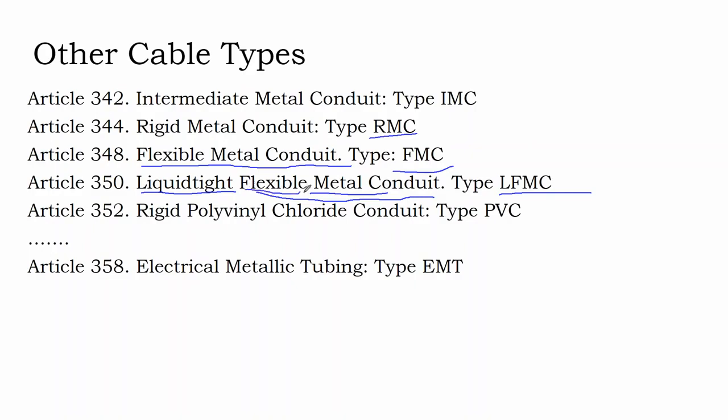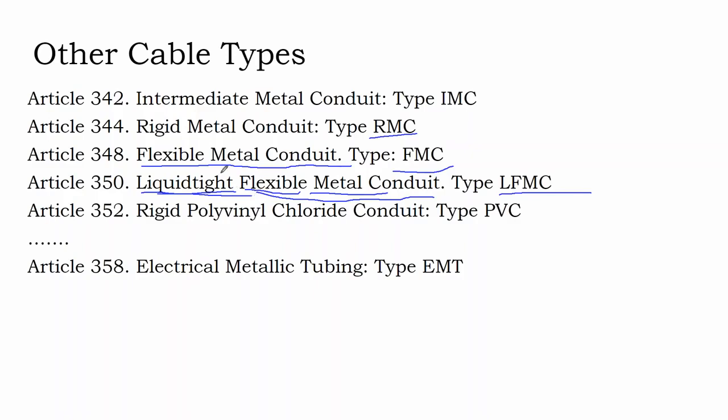B, it's flexible, and so sometimes at the end runs of your conduit having that flexibility is useful, or being able to run it through an attic can be useful. And it's liquid tight, so it's waterproof. So this is a conduit that can kind of do everything. Running liquid tight flexible metal conduit from the roof down to the battery room would be a code compliant job where you don't have to worry about anything.